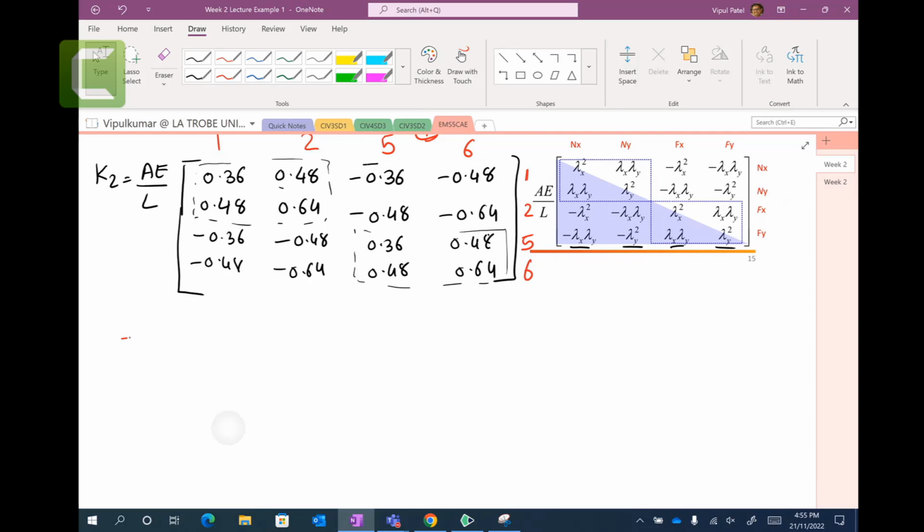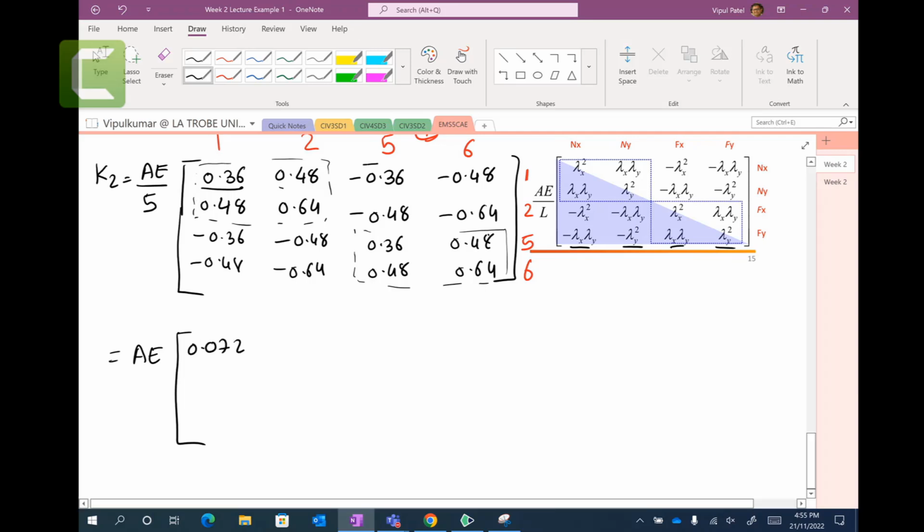Now we can multiply this inside because we can substitute this length is 5. So AE and 0.36 divided by 5 will give you 0.072, which is just 0.36 divided by 5, and 0.48 divided by 5 is 0.096, minus 0.072, minus 0.096. I just divided the whole thing by 5, okay?